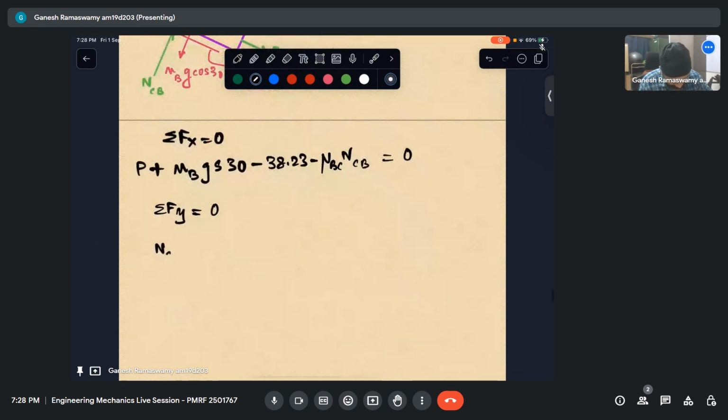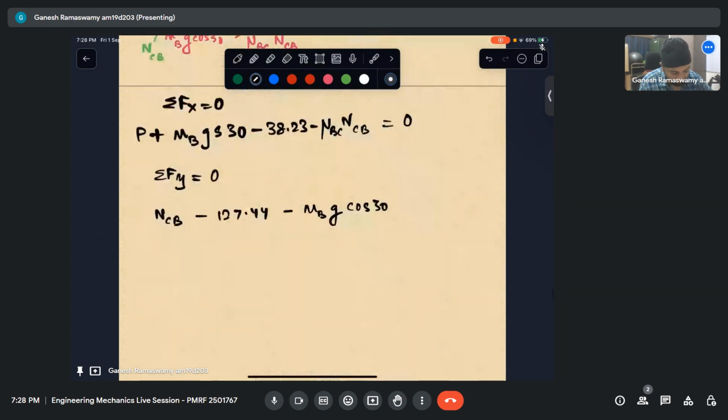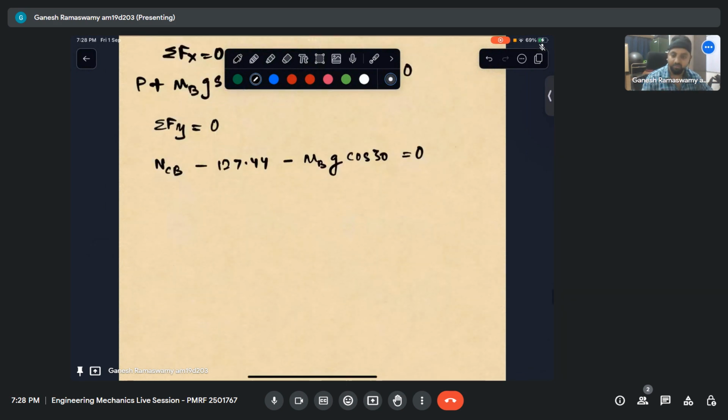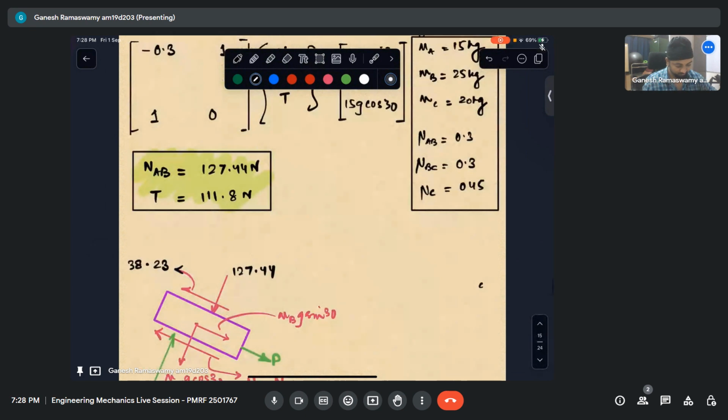minus 127.44 minus mBg cos 30 equals 0. Now, instead of solving for matrix, we can simply solve this, which gives me 127.44 plus mB is 25, and this is 0.3.